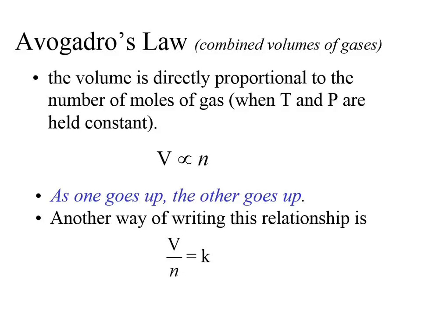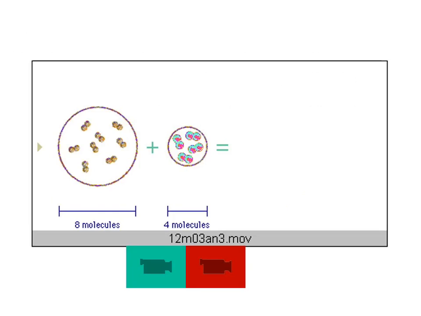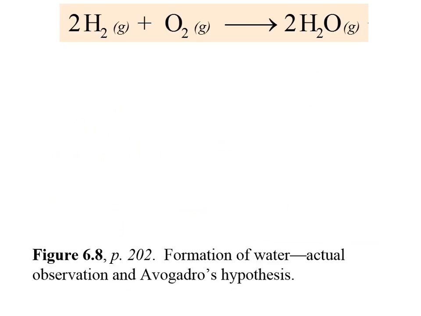Avogadro's law. So this actually is one we'll probably talk again about Friday. So N, the number of moles, is related to volume. N and V are proportional. When we have the stoichiometry of a balanced equation, this says 2 moles of H2 react with 1 mole of O2 to form 2 moles of H2O.